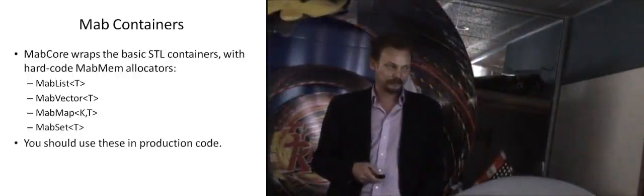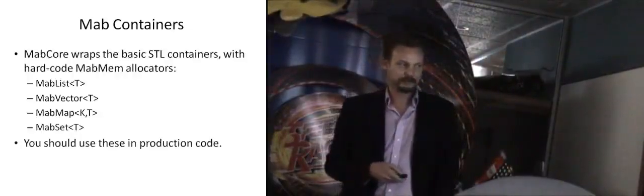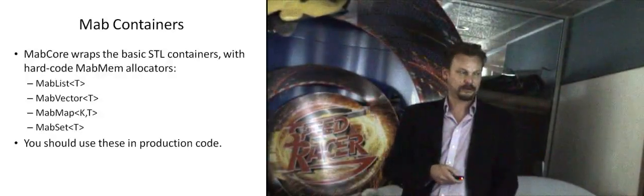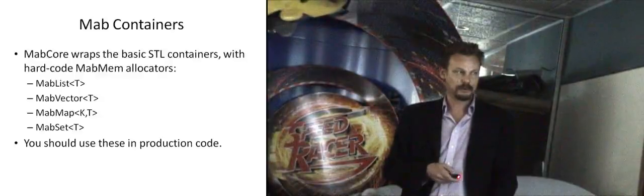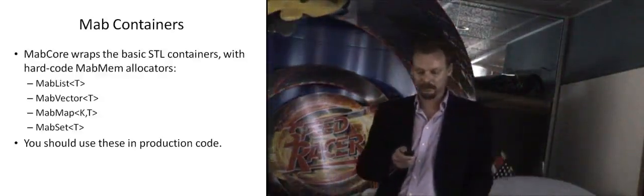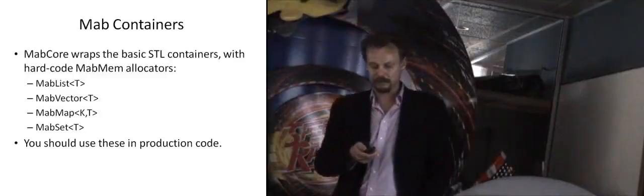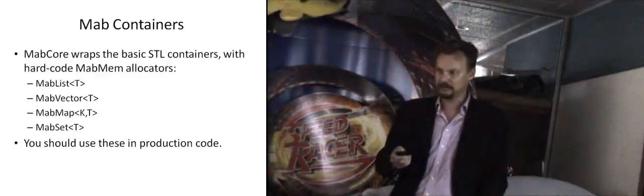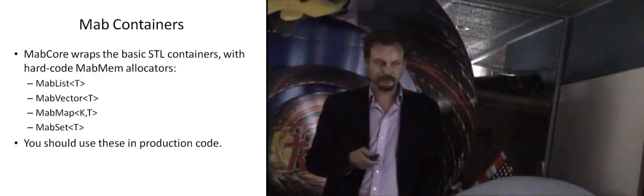You should use these in production code rather than std list, std vector, primarily because you won't have to turn on or off or do any work to get the MapMem debug database and also the defragmentation heap.